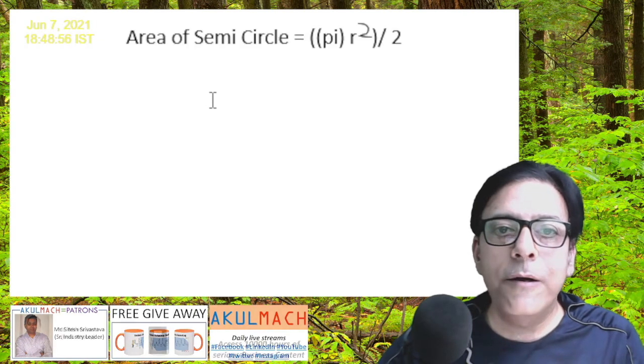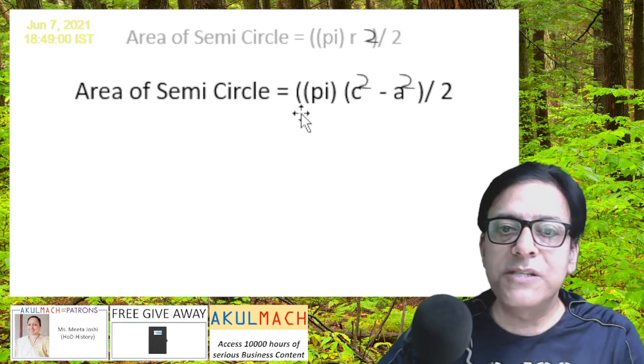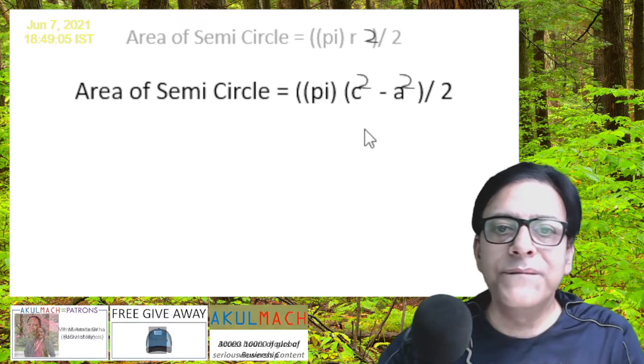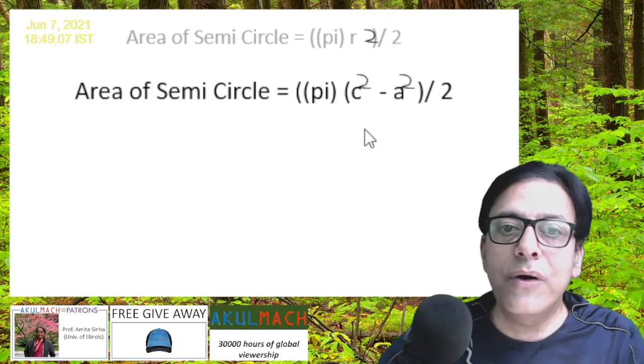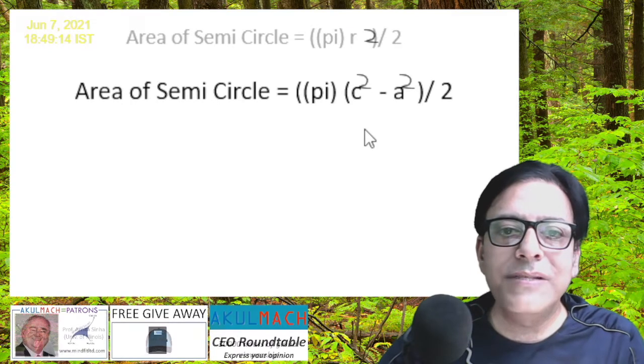So we go back and modify our formula for finding the area of the semicircle, which is pi times, now we replace R square with what R stands for. It is C square minus A square, divided by 2, and this is the answer that we have. This is the area of the semicircle.